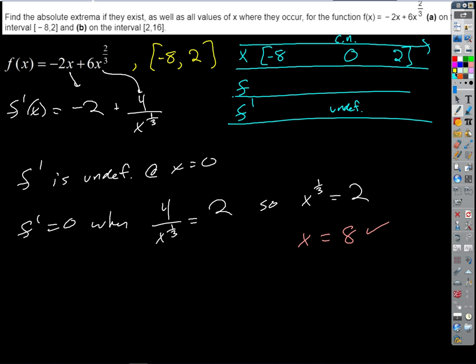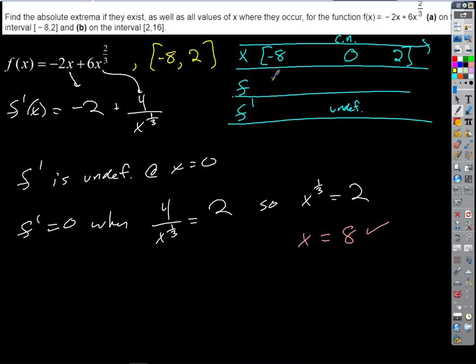If we plug into our original function, if I plug -8 in, what am I going to get? I'm going to get positive 16, and then a 4 plus 6 times 4, 24, so 40. Did I do that right?